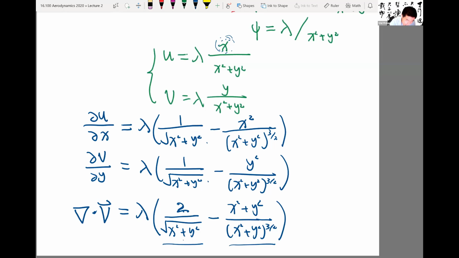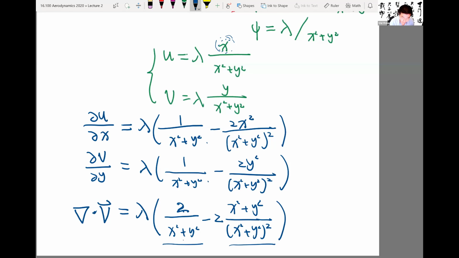So if the square root goes away, what we have is, instead of a power of 3/2, we get a minus x squared plus y squared squared over here, and the factor of 2 is preserved, right?